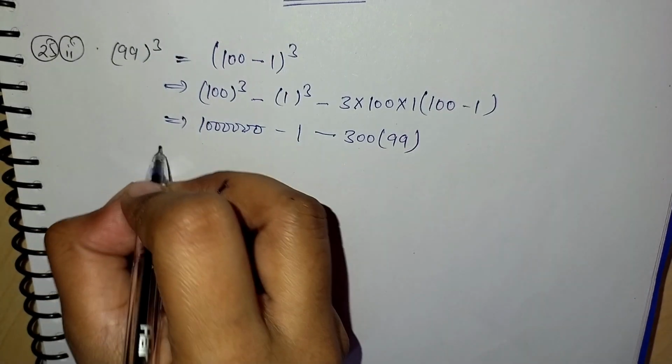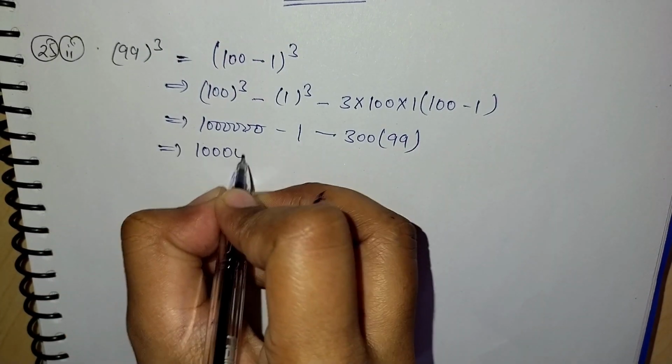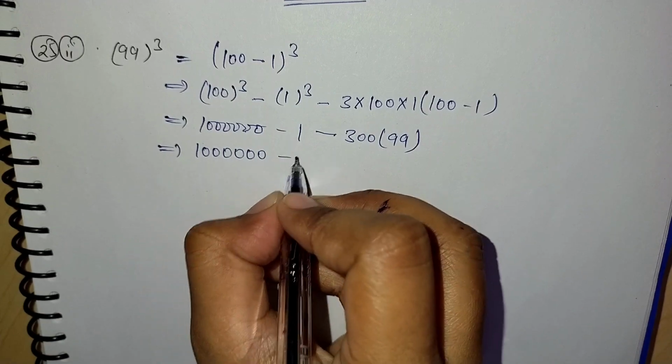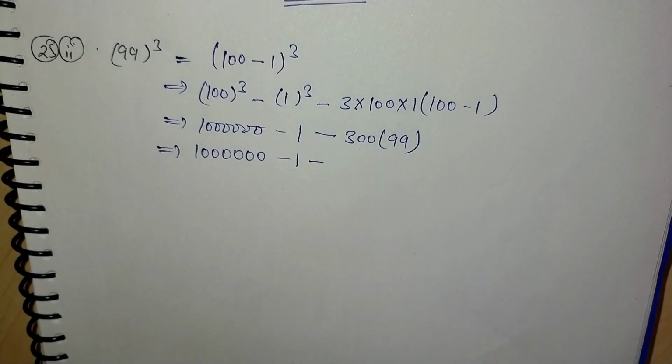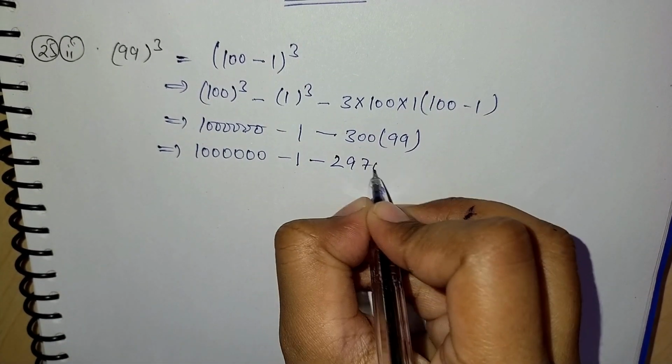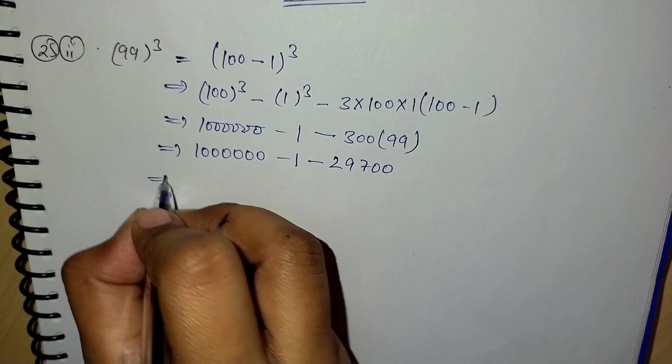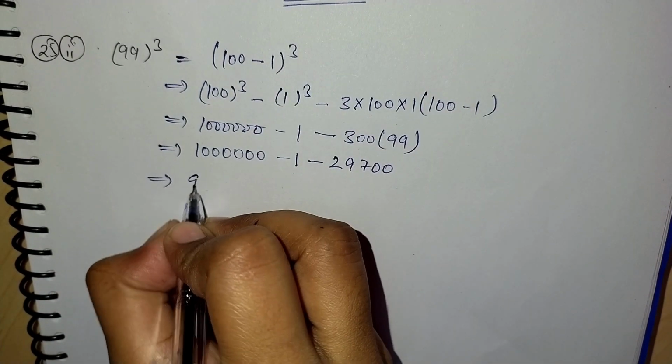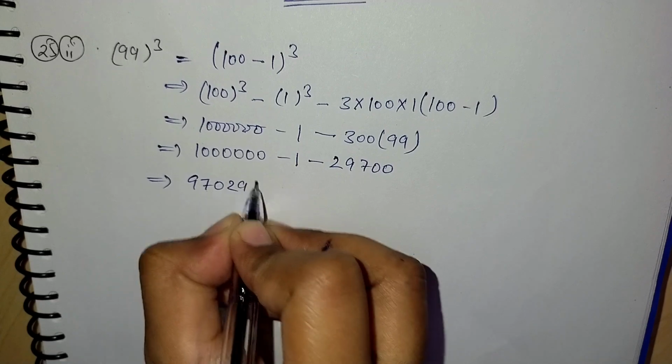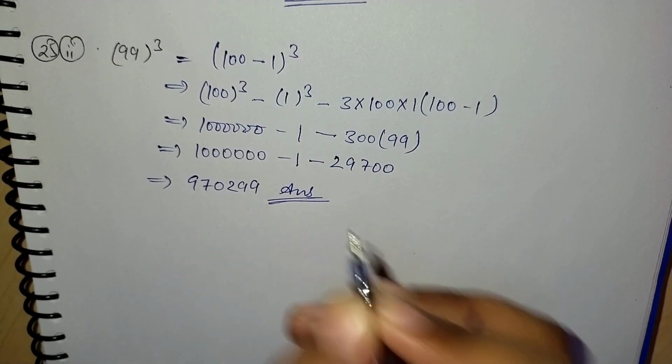On solving this, 1000000 minus 1 minus 29700. Let us solve it now. On solving this we will get 970299 as the answer here in this question.